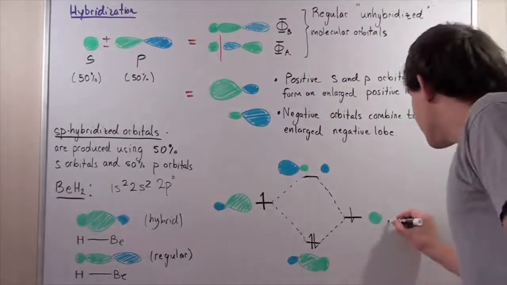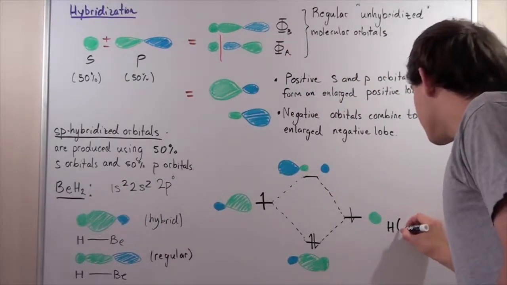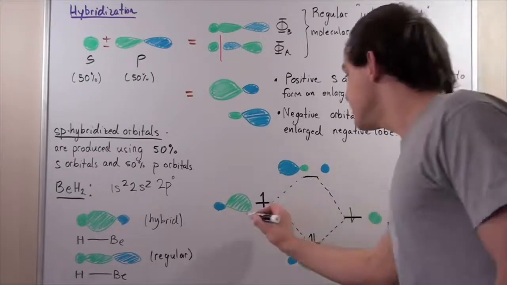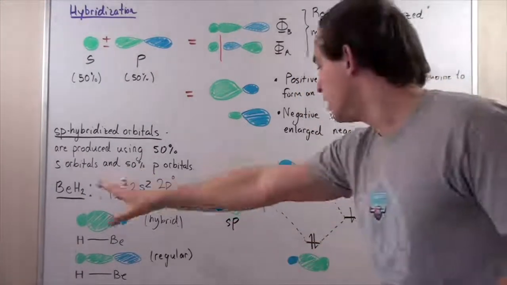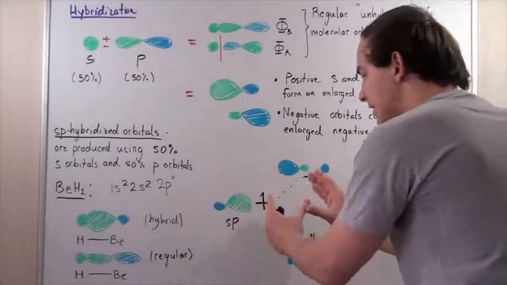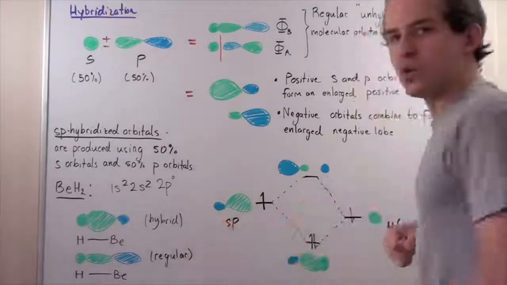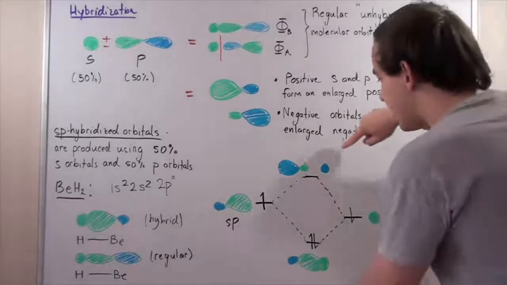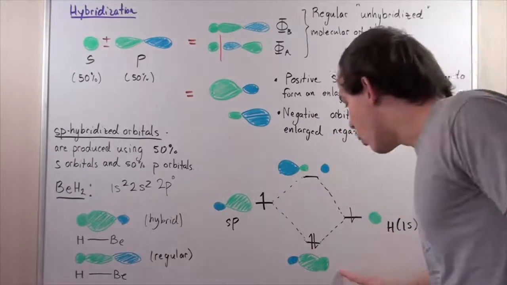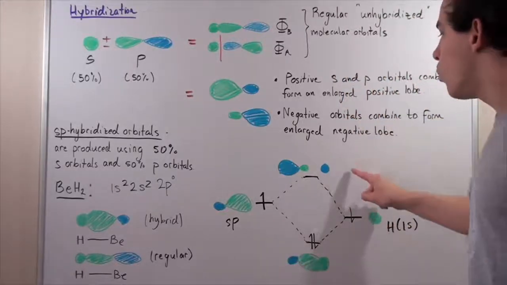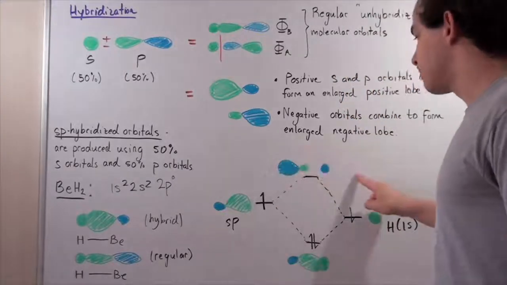So this is the H atom, and this is the 1s orbital, and this is the sp hybridized orbital of our beryllium. They will interact, so we input two atomic orbitals, and we get two molecular orbitals. We get the one lower in energy and the one higher in energy.